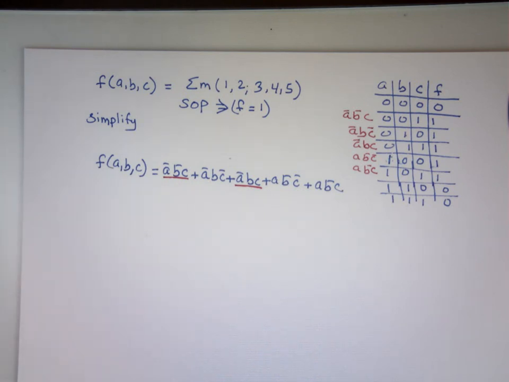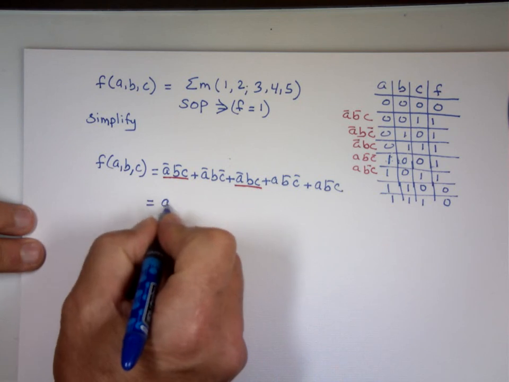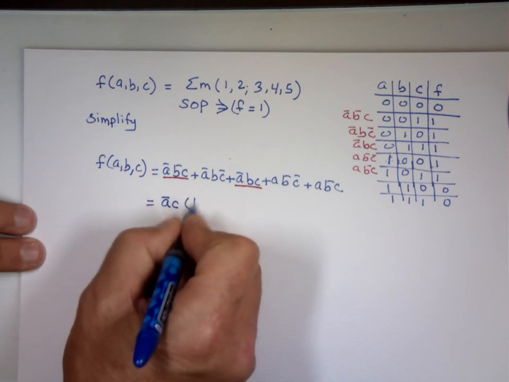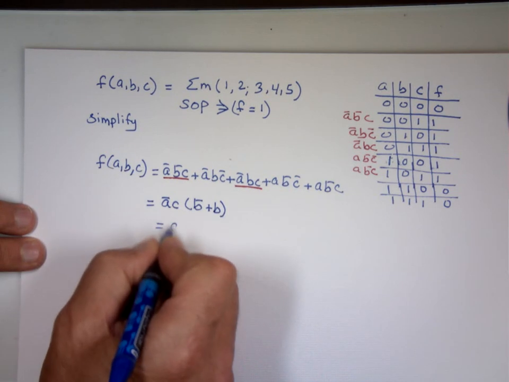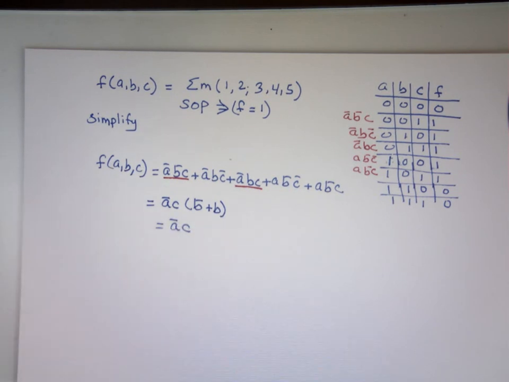What do you notice they have in common? A bar and C, right? B bar plus B, which is 1. Let's see this one and this one.